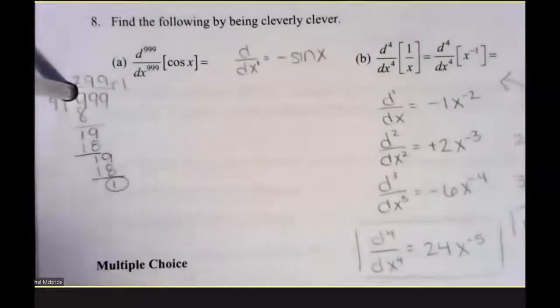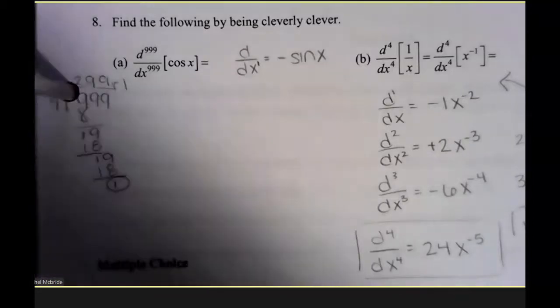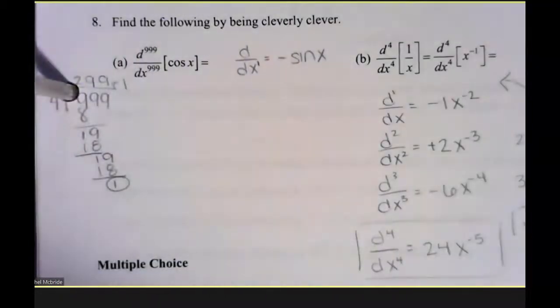So when you have a trig derivative to the 99th or the 1000th or the 96th, basically trig derivatives work in cycles of 4. So for the 99th derivative, I divided that number by 4, because if you take 4 into 99, it would tell you what cycle of the trig derivative function you are in.